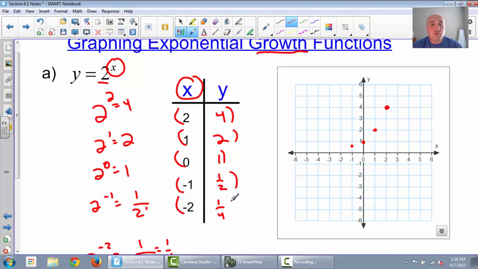And then negative 2, 1/4. So 2 to the left and just a little bit up. So there's 1/4. And you can see that this general shape is one of those exponential growth graphs that we saw a little bit earlier. Okay, and there it is. Okay, so it's a very simple thing to do. Make an XY table, 2, 1, 0, negative 1, negative 2.